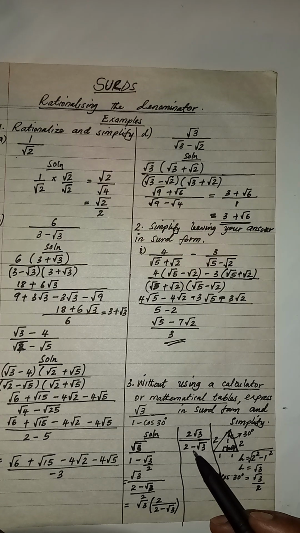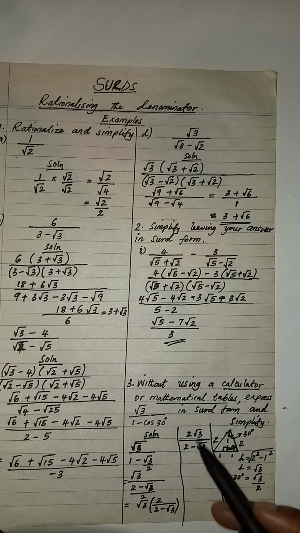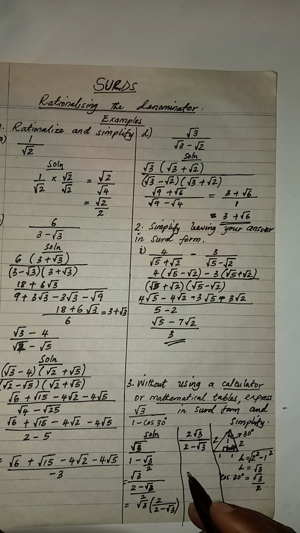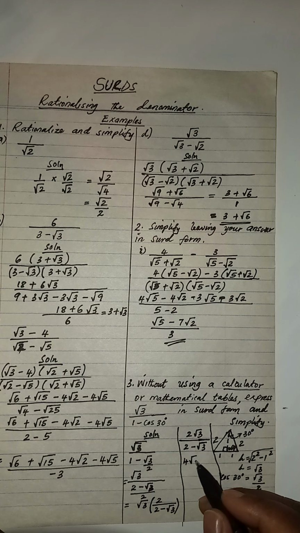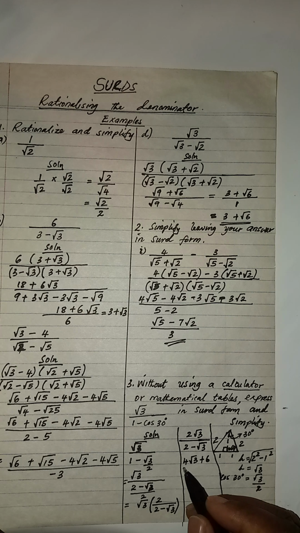So we can multiply both the numerator and the denominator by its conjugate. That will give us 4 root 3 plus 6 over 4 minus 3.